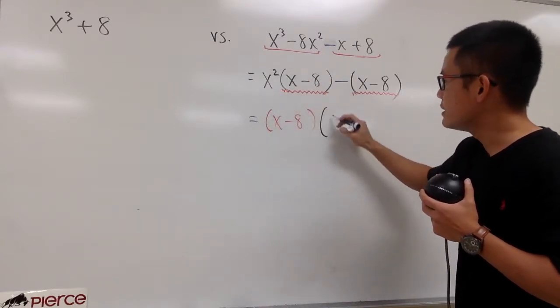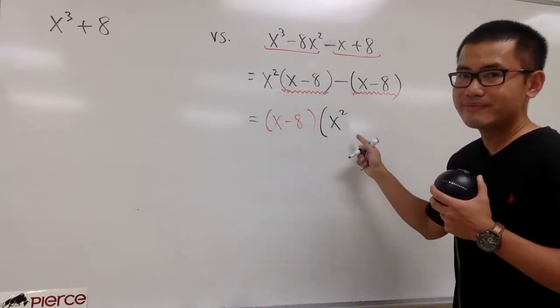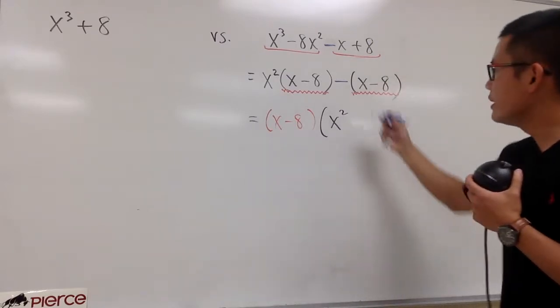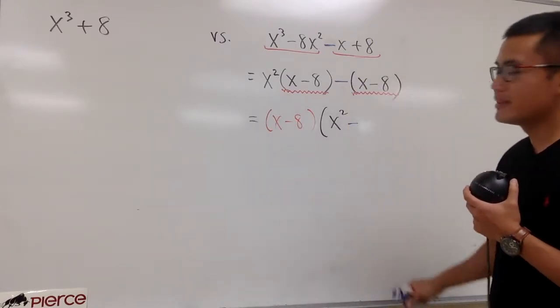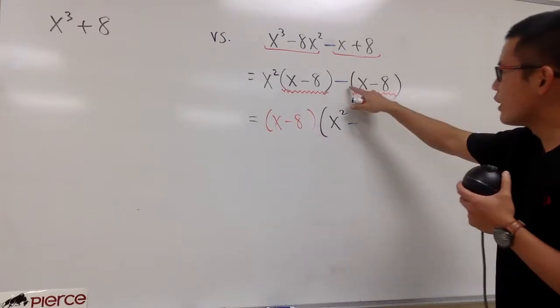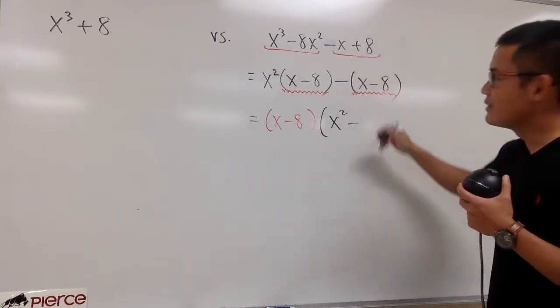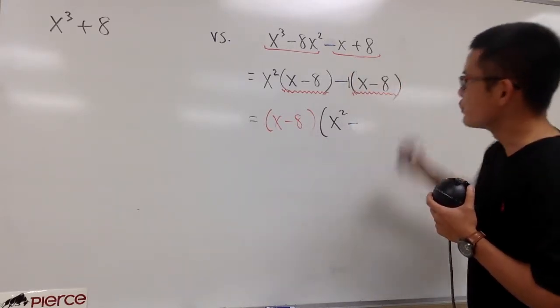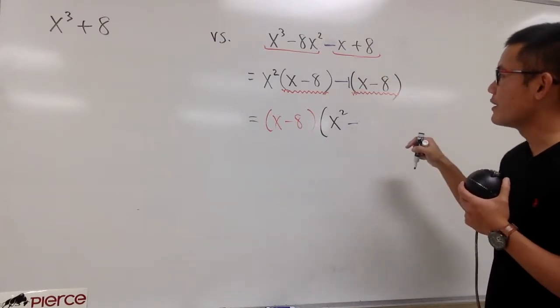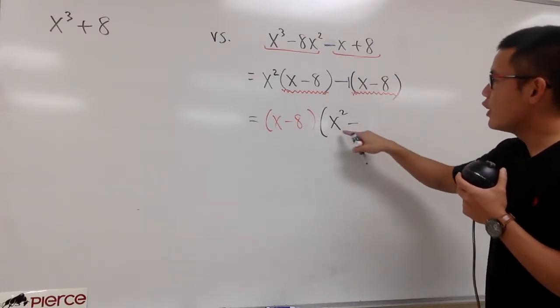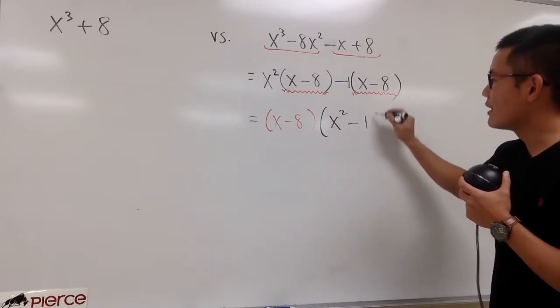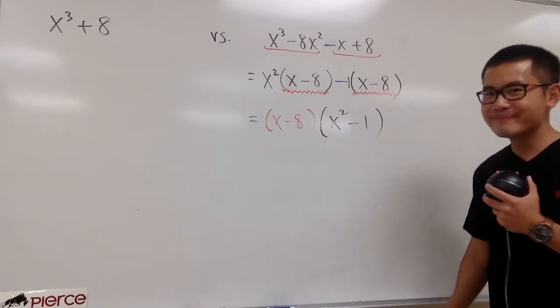So let's open the parentheses. We have the x squared left right here. And in between, they have the minus in between. And also, what's the number right here though? Well, technically, this is a minus 1. So if you would like, just put that down right here. So inside here, we have x squared minus 1, like this, okay?